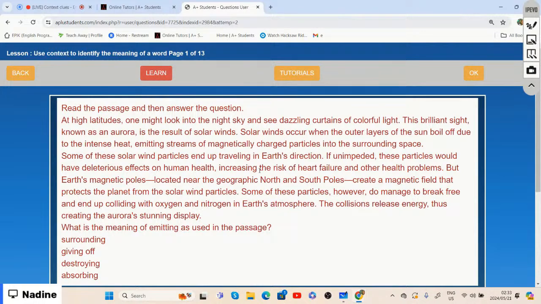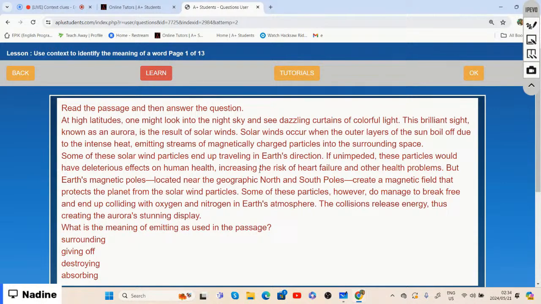If unimpeded, these particles would have deleterious effects on human health, increasing the risk of heart failure and other health problems. But Earth's magnetic poles, located near the geographic north and south poles, create a magnetic field that protects the planet from the solar wind particles.